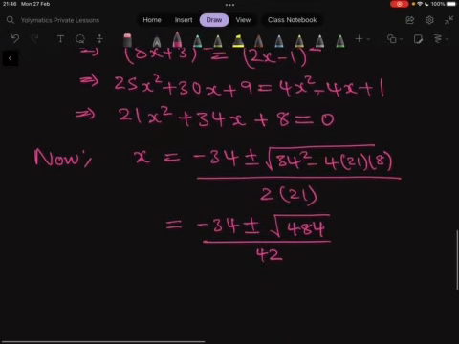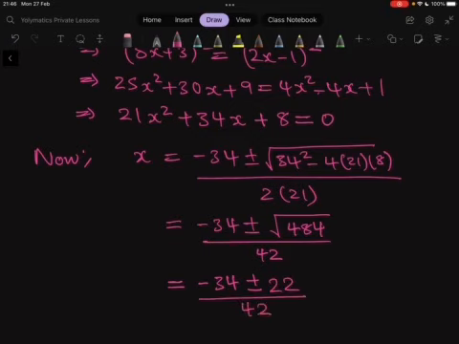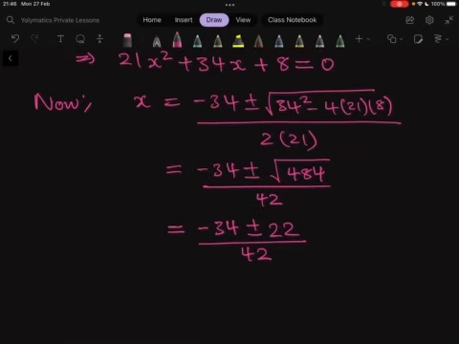Then we have negative 34 plus or minus the square root of the answer, which comes out to be 22, all over 42. Now we can start our simplification, where we get x is equal to what? Let's simplify the two solutions that we have.